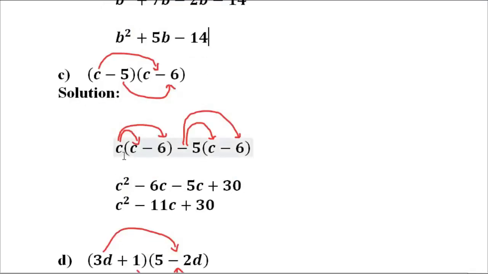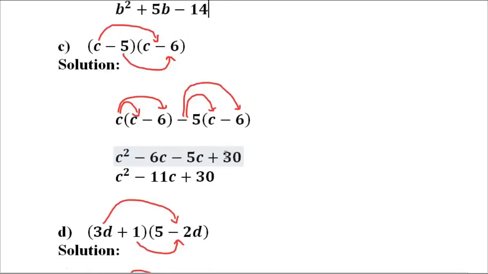We have c into c negative 6, negative 5 into positive c negative 6. Let's distribute the positive c to the positive c and to the negative 6. And then we can distribute the negative 5 to the positive c and to the negative 6.